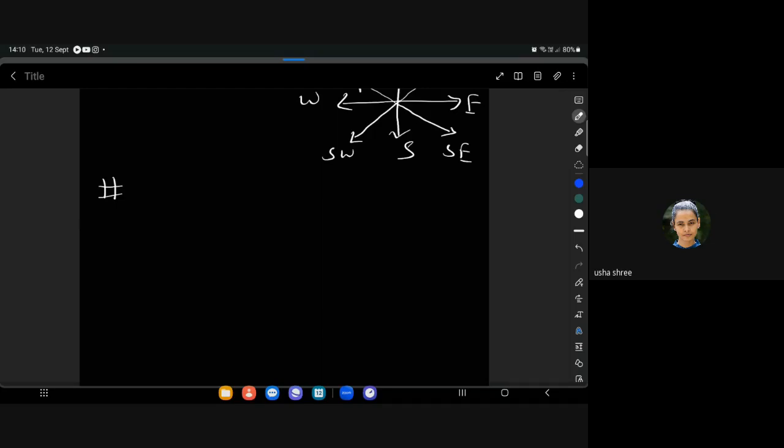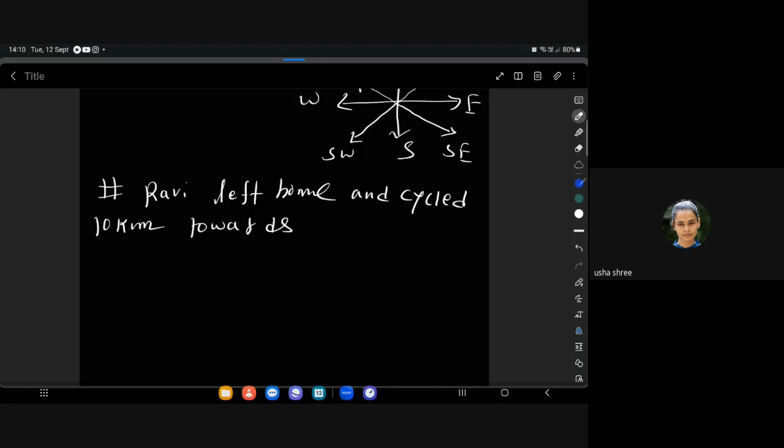Okay, started. Suppose Ravi left home and cycled 10 kilometers towards west or south, towards the south.